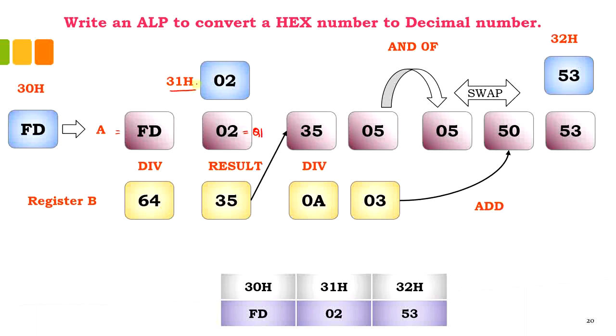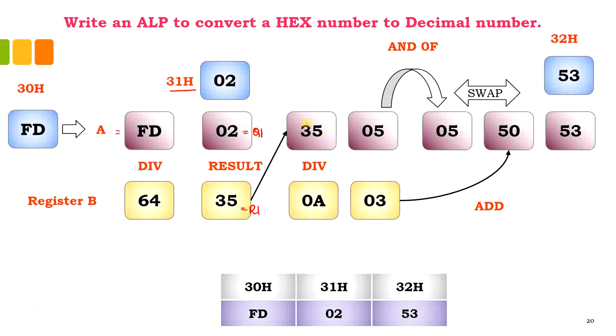31H. Now, after the result is obtained from the division, the accumulator will have the quotient and the remainder will be present in the B register. Fine. So the B register has the remainder 35. Now this remainder 35 will form the new dividend.